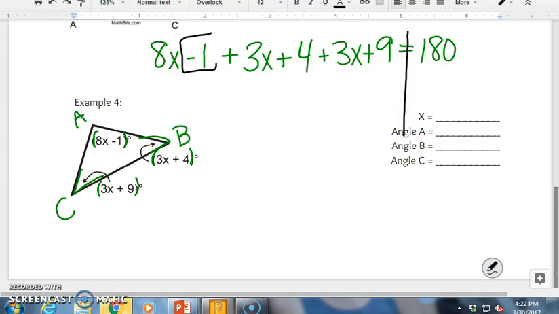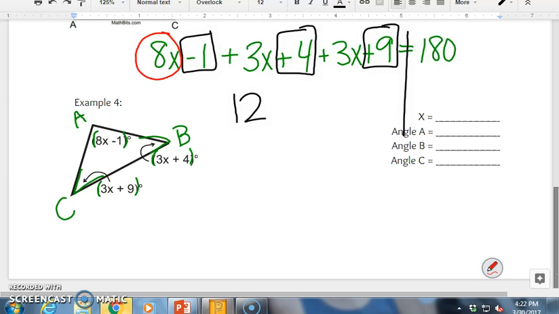So find all your whole numbers. So -1, +4, +9. We get 12. And then we have to find all of our x's. So we have 8x, +3x, and +3x. 8 plus 3 plus 3. I get +14x equals 180.